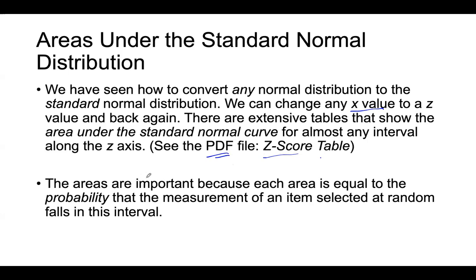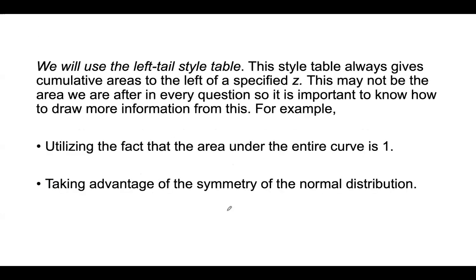The areas are important because each area is equal to a probability: the probability that the measurement of an item selected at random falls in this interval. We're going to use the left tail style of this table for this normal distribution.